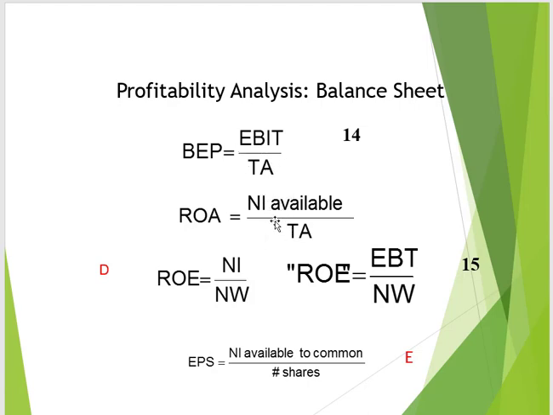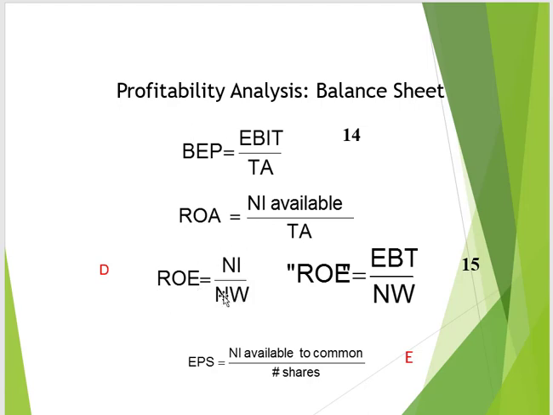What will be different, though, is when you try to make comparisons to an industry or to a competitor when they have different financing mixes. As we noticed up above, the industry has a lot more debt than what the company does. That is going to have an influence on ROA, but it will not affect basic earning power.